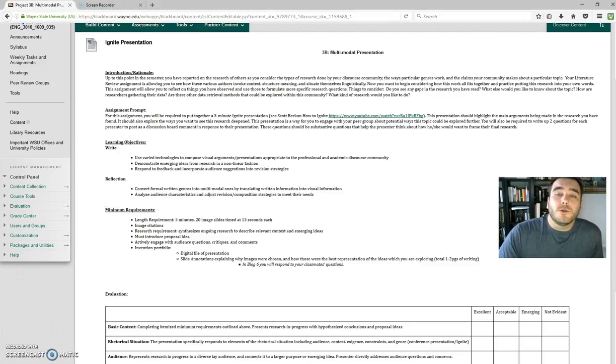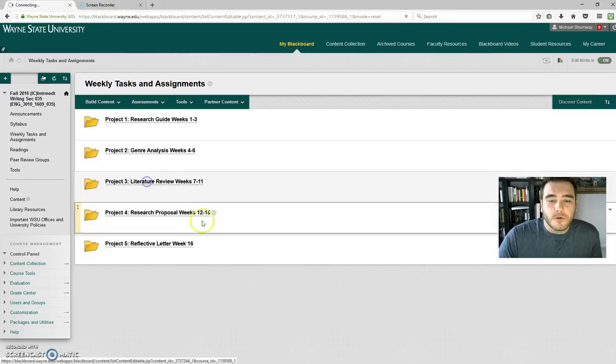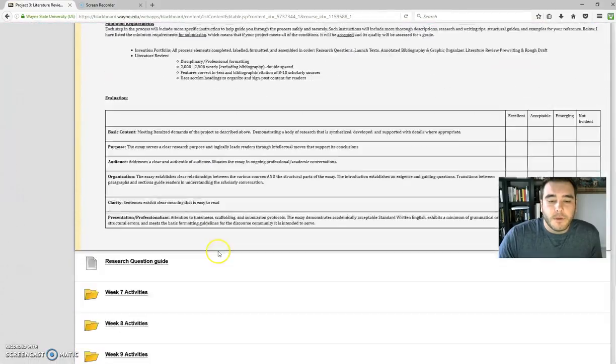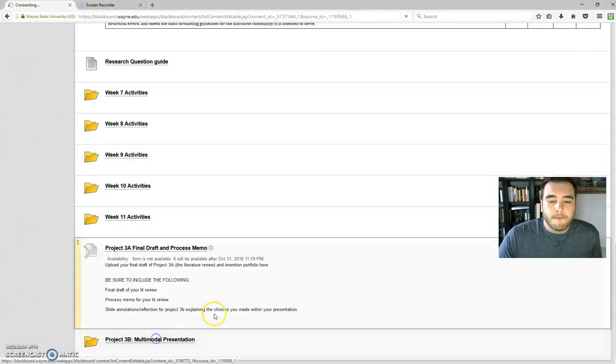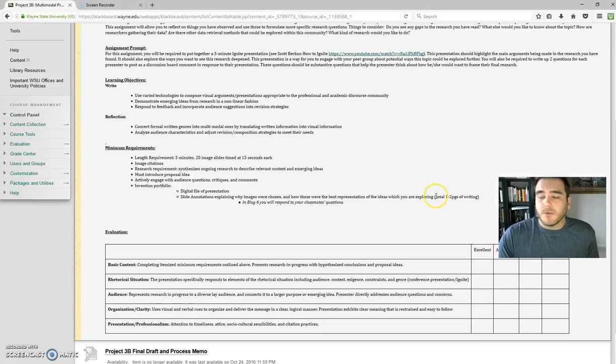And so when you turn in your presentation to the Dropbox, which is right here, your process memo will essentially be this. It's only about 1 to 2 pages at the most, where you're talking about why you chose the pictures that you chose, or why you chose to pull any charts or graphs you did.